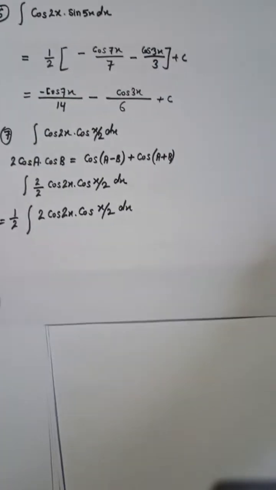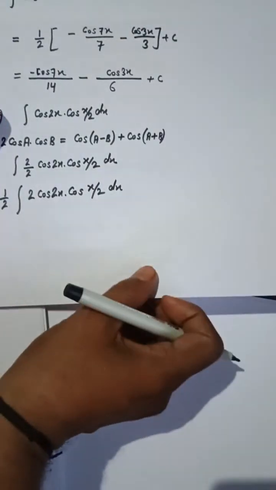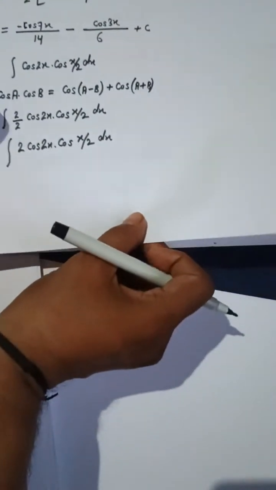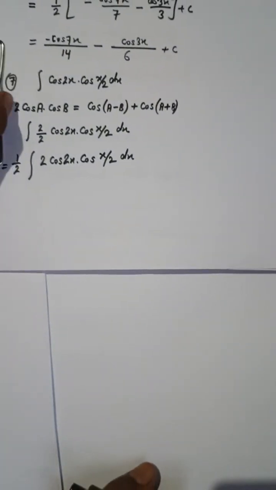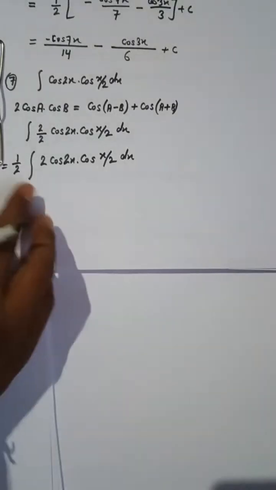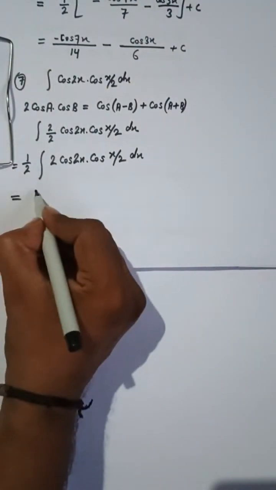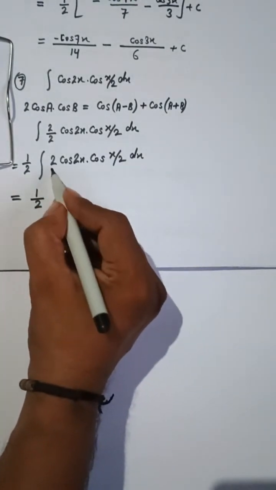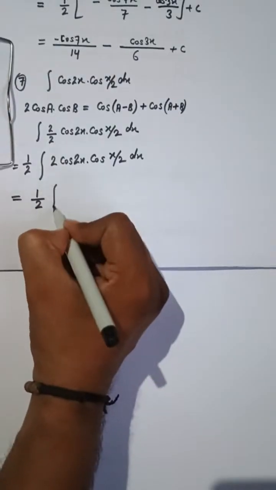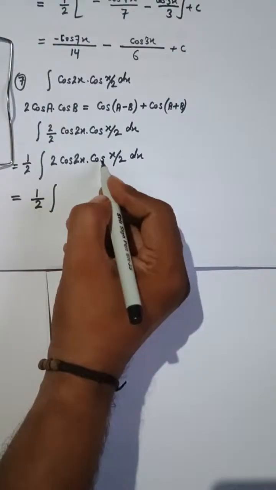So now we are going ahead, because everything I have just set up over here. What we have to do to get the integration with this transformation technique, everything is there. How I am solving, you can watch over here and you can do it by yourself also. So we have this formula. Now it's time to transform. So this one is 2 cos 2x cos x by 2.